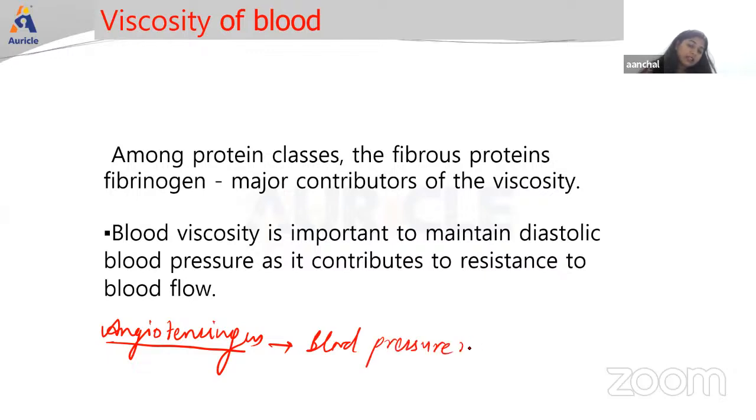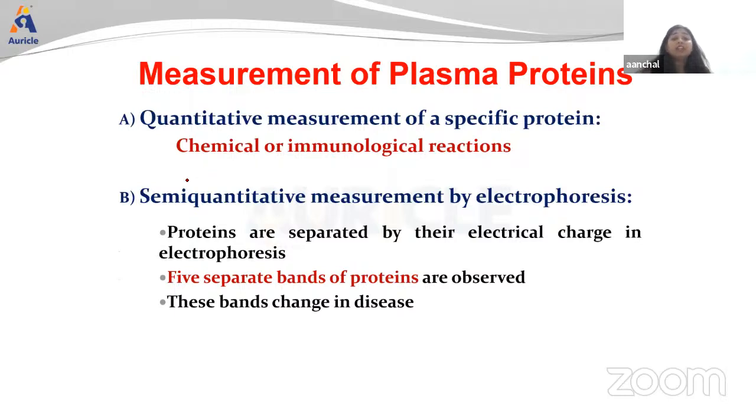Again, this is a form of globulin, please remember. Angiotensinogen. Then measurement of plasma protein: quantitative measurement of a specific protein involves a chemical or immunological reaction.